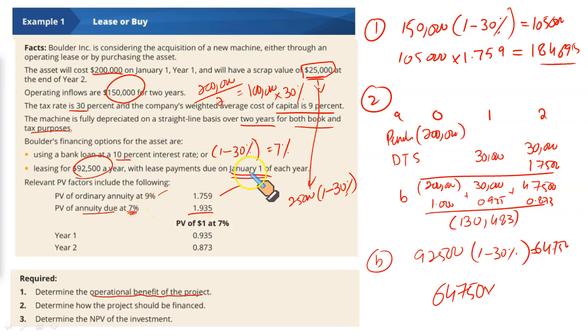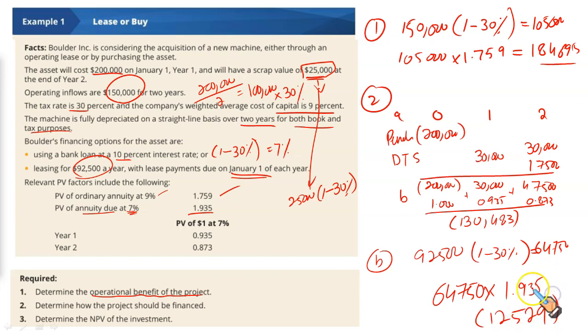Why? Because the first payment is made at the start of year 1, the second payment at the start of year 2. So it is not the ordinary annuity. Ordinary annuity involves payments, cash flows at the end of the period. So multiplying this with the 1.935 gets you a negative of 125,291.